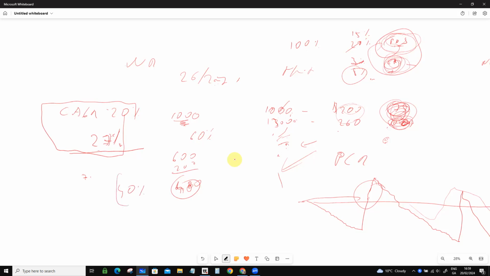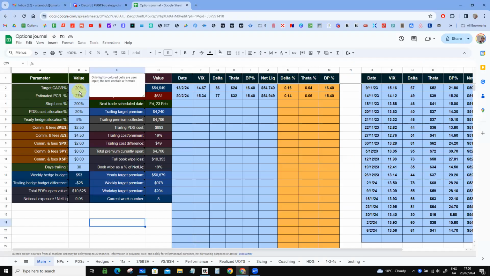So the hedge allocation of the spreadsheet will use the 40% instead of 27, which means that we are encouraged a little bit more to add allocation to hedge, because I want to encourage us to switch this ratio from just this versus this being equal. I want to incentivize us to put a little bit more on hedge without adding an equal amount of risk.